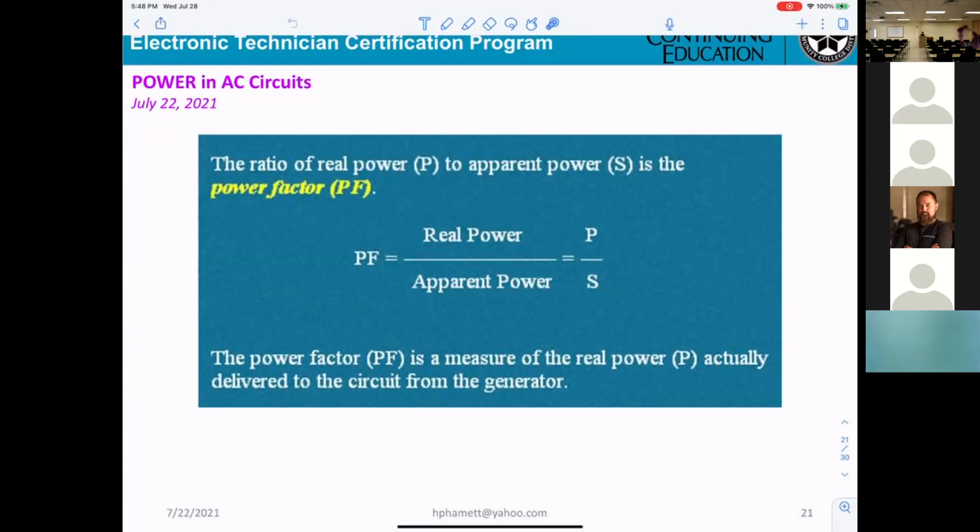By definition, it equals the ratio of real power divided by apparent power. That power factor is a measure of how much real power is actually delivered to the circuit from the generator.